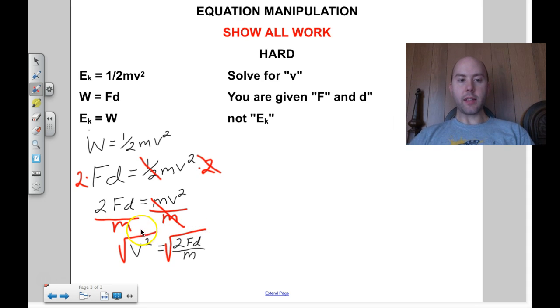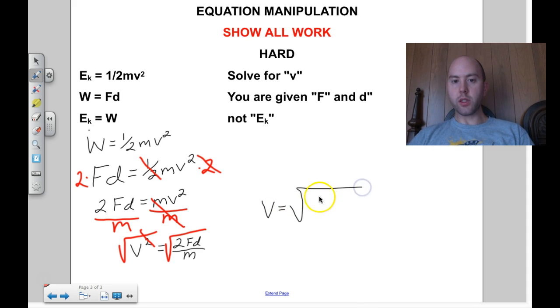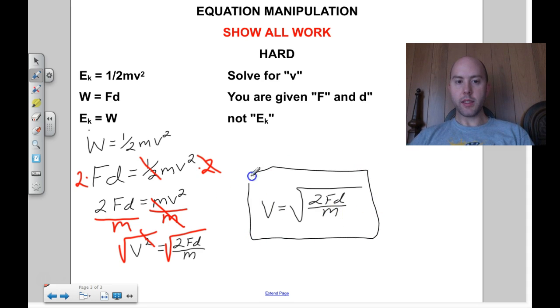And when I do that, that cancels. And I'm left with my final equation. Velocity equals the square root of 2 times force times distance divided by mass. Wham! Done.